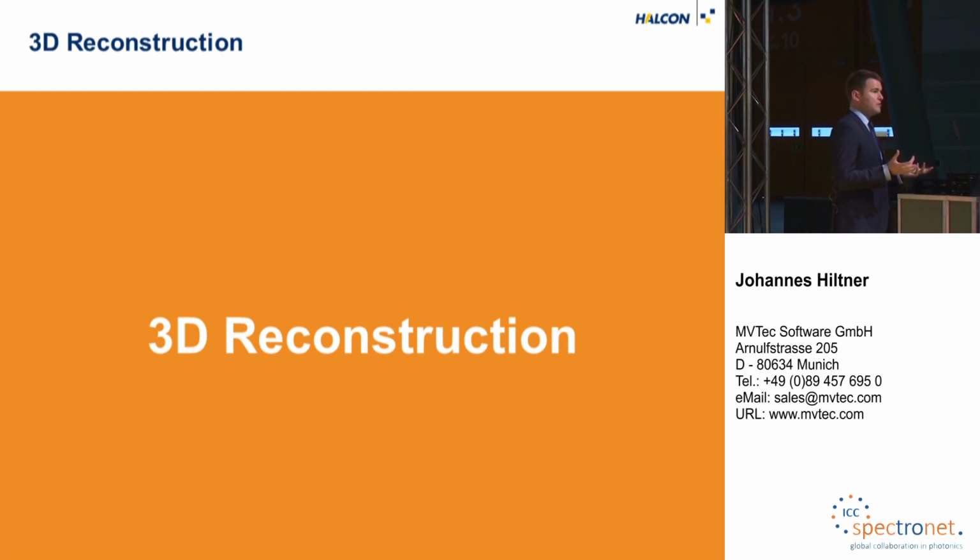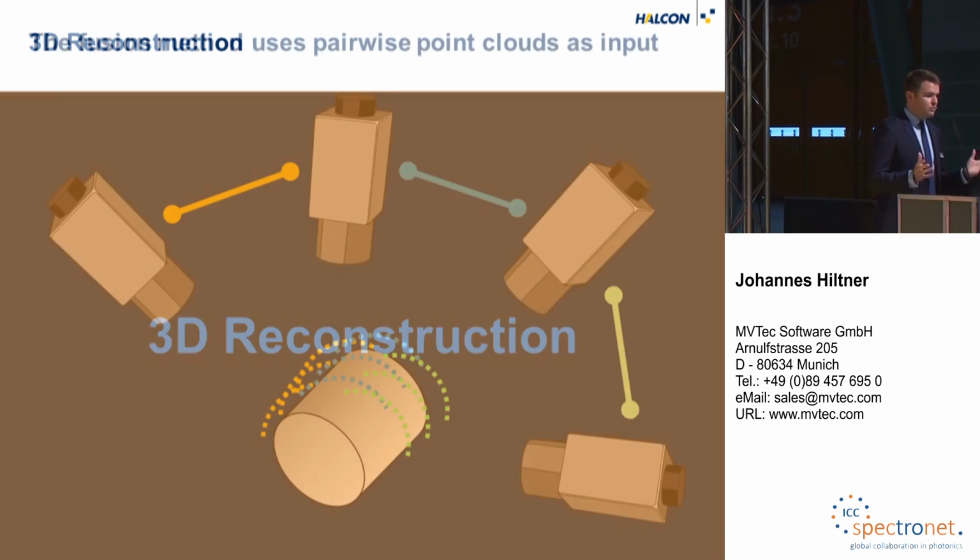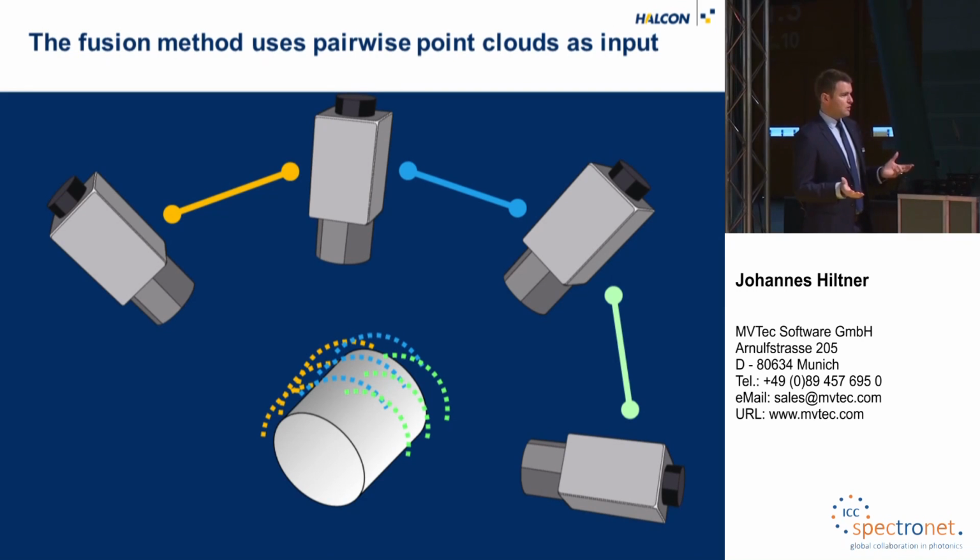3D reconstruction is a very important topic when it comes to 3D image processing, and there's a huge variety of 3D reconstruction technologies available. One of them is stereo reconstruction. With HALCON 10, nearly 4 years ago, we introduced the so-called multi-view stereo reconstruction, which allowed us to use multiple cameras, not just 2 stereo cameras, to do 3D reconstruction.